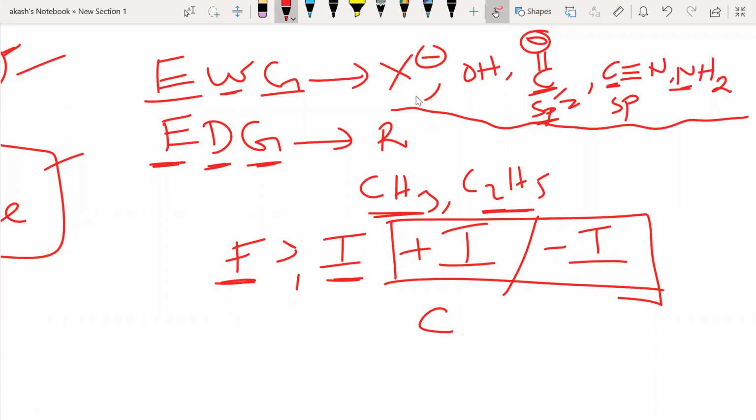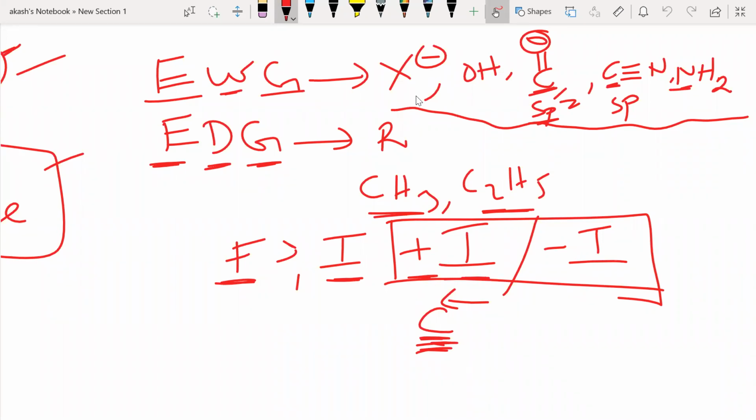So when I say plus, the electron cloud is going to be increasing towards carbon, or say the electron cloud is going to move towards carbon. So what kind of groups can give plus I effect? Again, I repeat, plus I effect means the electron density on the carbon atom will increase.